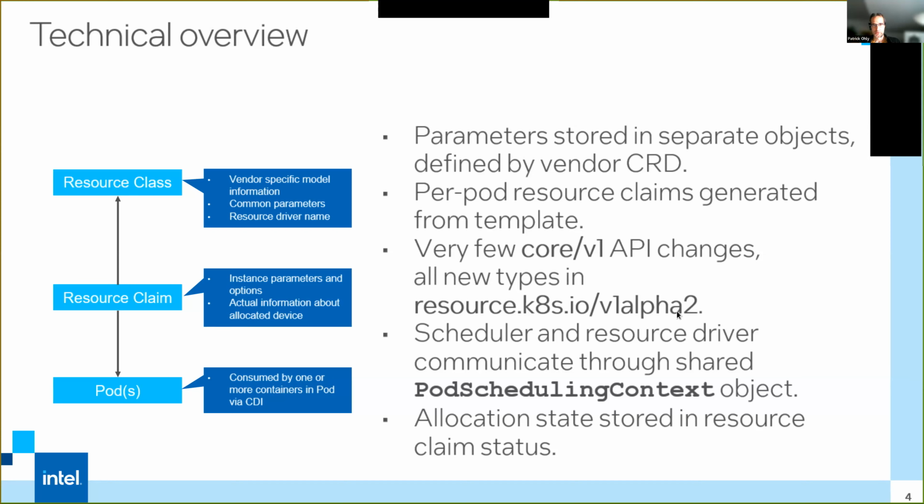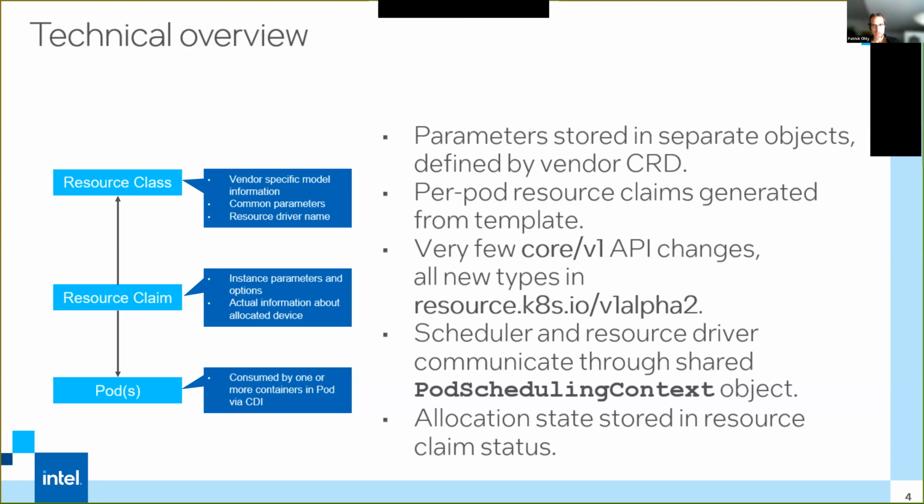Another concept is the communication between scheduler and resource driver. I'm trying to keep the deployment simple, so all I'm requiring is that a resource driver can connect to the API server, and all communication goes through the API server in a shared pod scheduling context object.